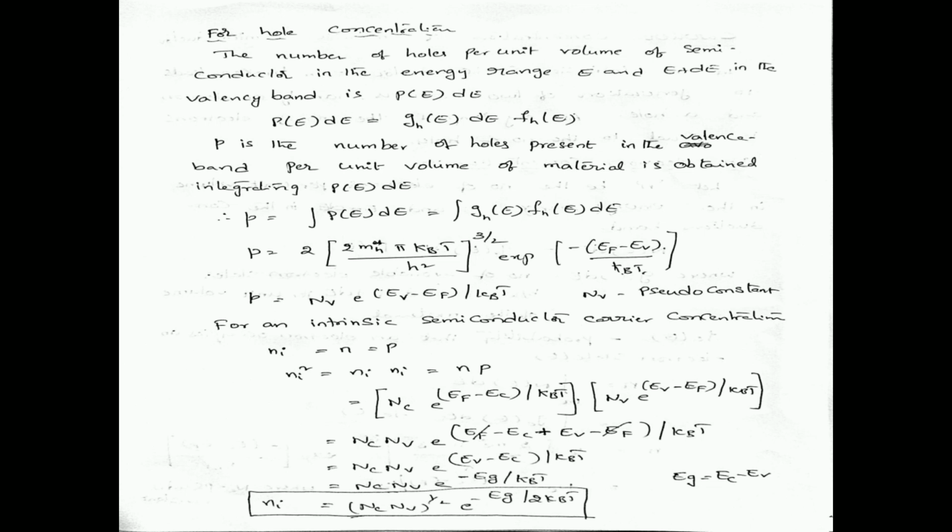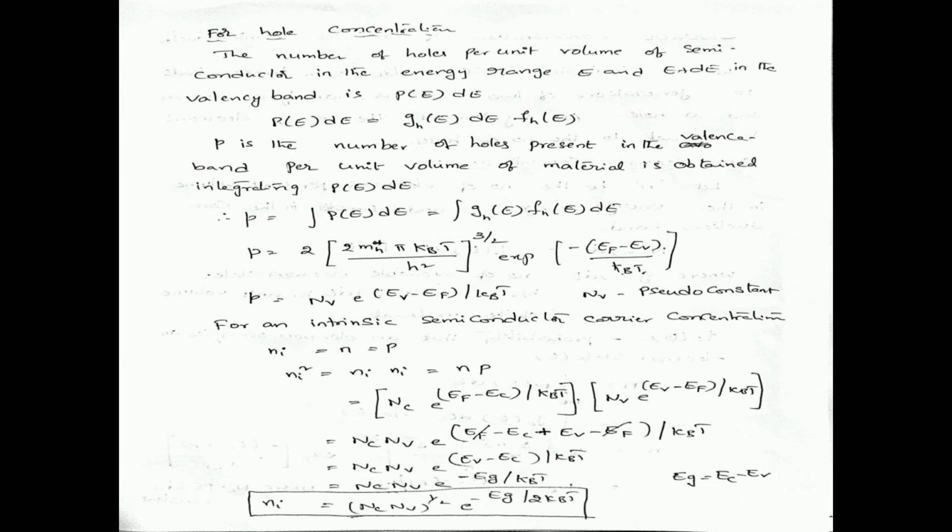Ef cancels, leaving Nc Nv e power (Ev minus Ec) by kBT. Ec minus Ev, the energy of conduction band minus energy of valency band, is the energy gap Eg. So in place of Ev minus Ec, we write minus Eg. So Ni square equals Nc Nv e power minus Eg by kBT.